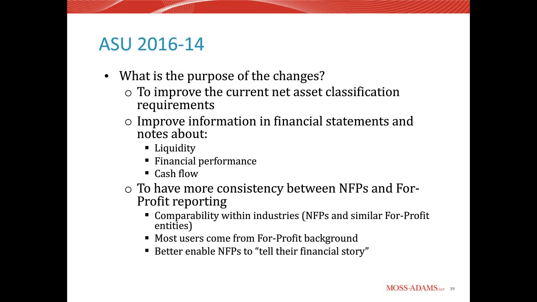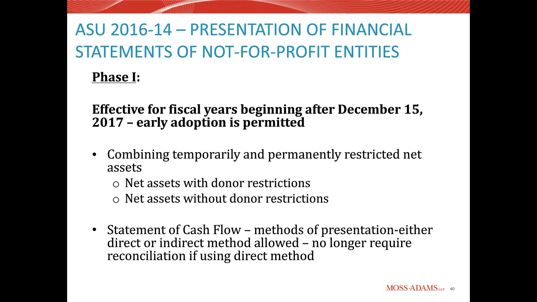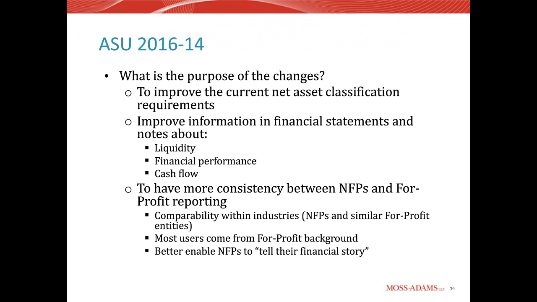And they wanted to align comparability within the various industry groups, recognizing that a lot of times many of the users of not-for-profit financial statements do come from a for-profit background, and so really trying to make those financial statements more readable to those users. They also thought some of these changes would allow not-for-profits to better tell their story to the public.